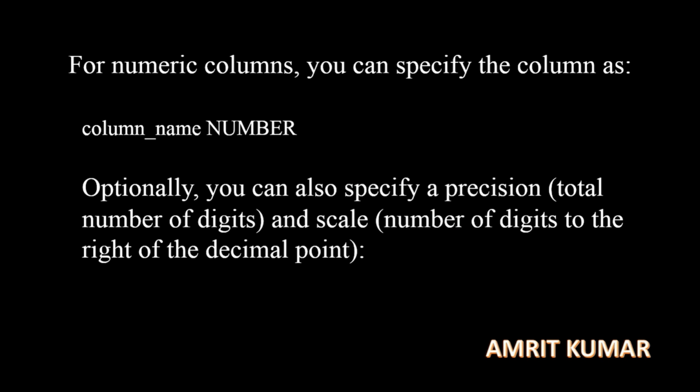If we use only the column name and the data type number, without precision and scale, then Oracle understands it as number only, and it might be positive, negative, or 0.